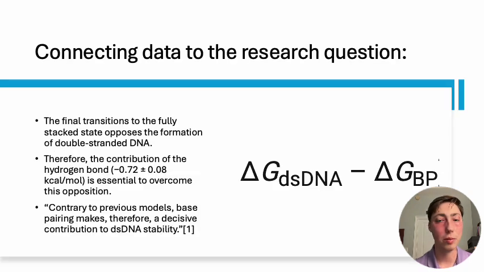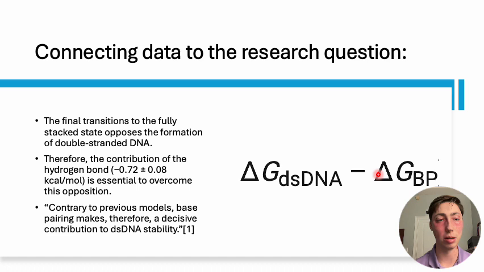So, once again, we're going to tie a few of these concepts together. So previously, we discussed the difference in the energy between the equilibrium point, where there's a specific fraction of base pairs, or a specific fraction of stacking, and then this one, where everything is completely stacked, but you only have single-stranded DNA.